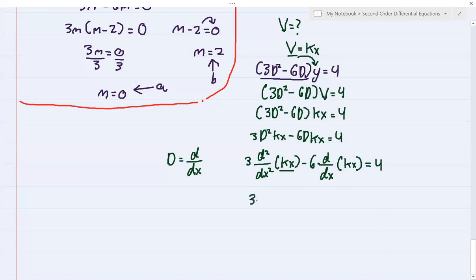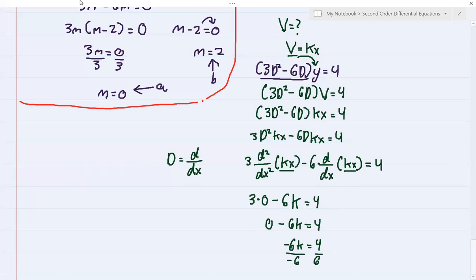So we will have 3 times 0 minus 6 times the derivative of kx, which will give you k, is equal to 4. So this would be 0 minus 6k is equal to 4. And we will have negative 6k on your left side, and on your right side we have 4. Then divide both sides by negative 6.